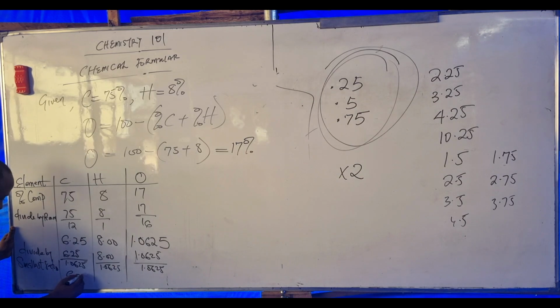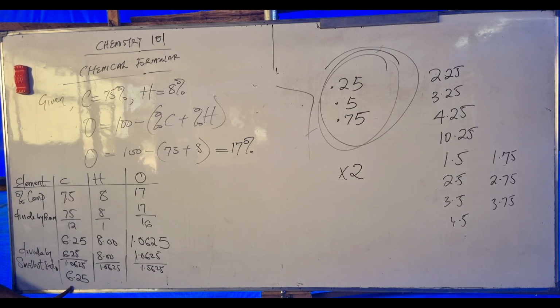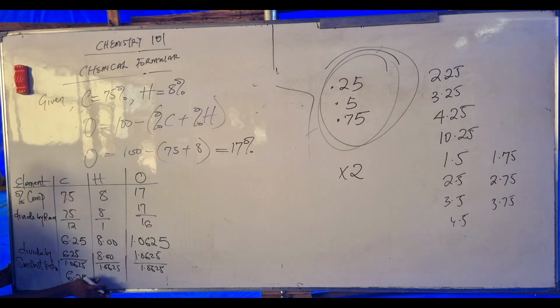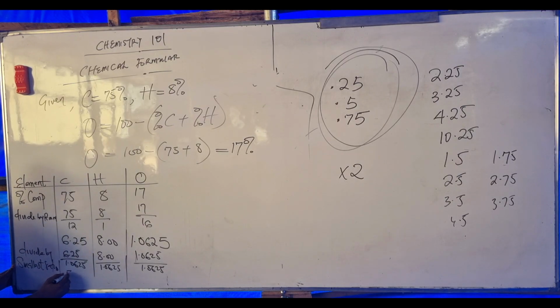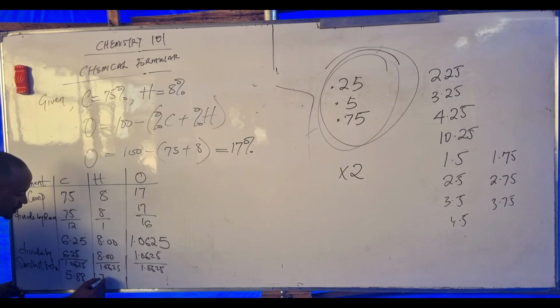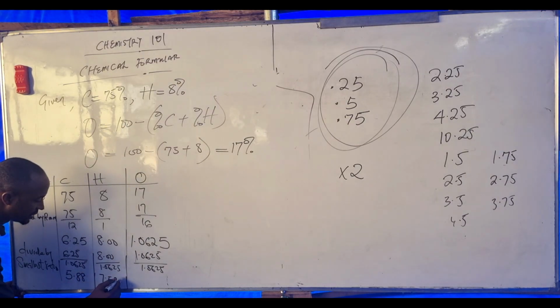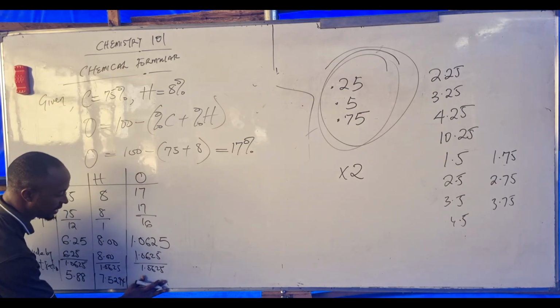If you're in the exam, what will you do? 5.8 something. What of this one here? 7.5294. What of this one here?